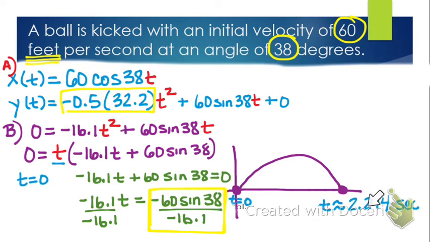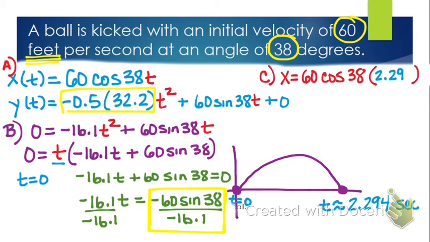And because I know t, I can substitute this t value in for t in this equation for part C. So for part C, x, which is my horizontal distance, is going to equal 60 cosine 38 times, and I'm going to use the answer I got in part B and substitute that in.